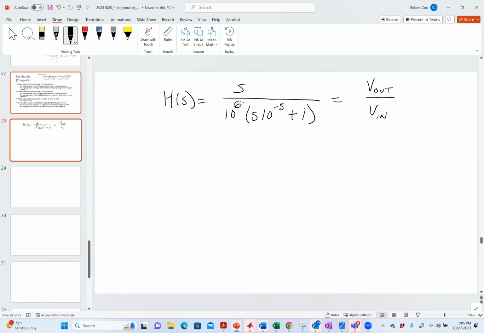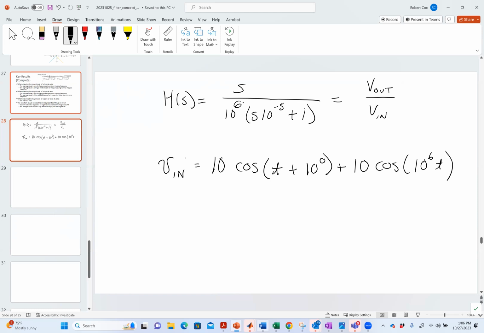In this case, let's say V in was equal to, I don't know, 10 cosine 10 T, let's say, plus, I don't know, 10 degrees, plus 10 cosine 10 to the 6 T. And I asked you, I could use this thing at each individual frequency to figure out the amplitude of V out at the frequencies that are in this signal.